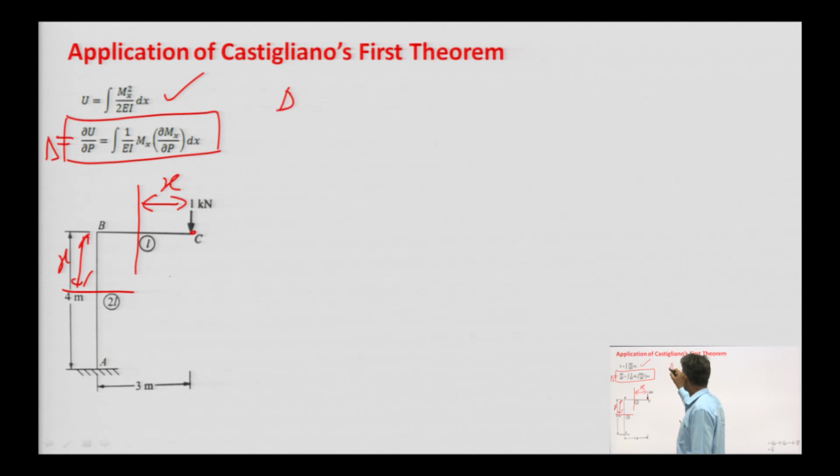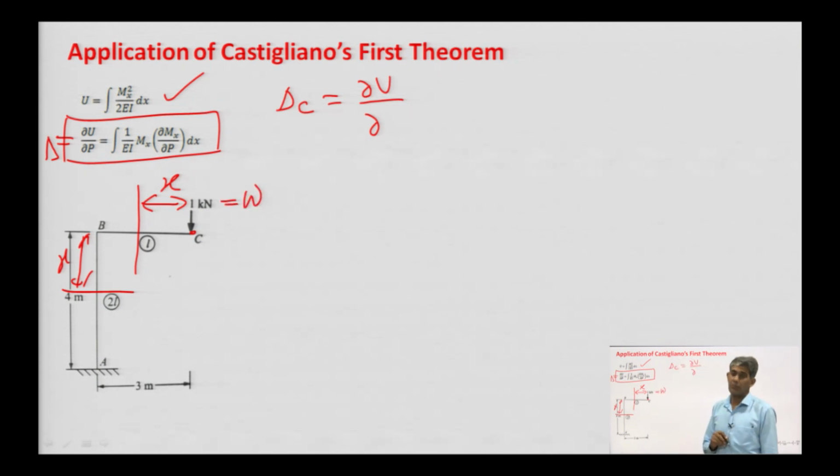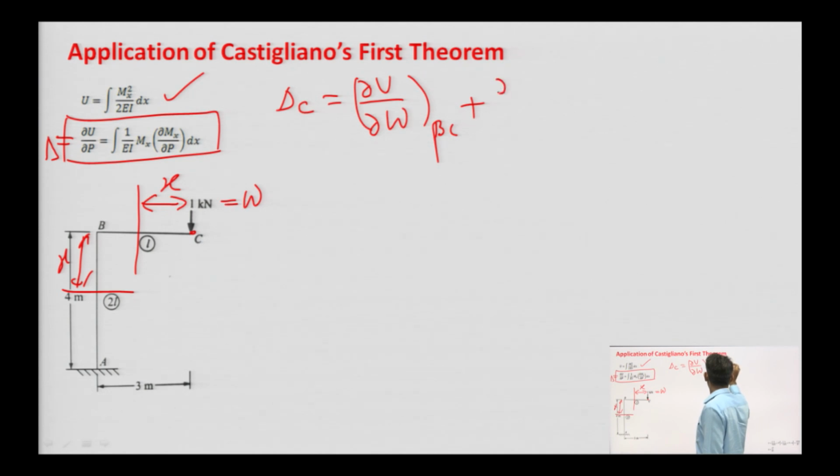Here delta C will be del u by del W for B C plus del u by del W for A B. Replace this load by W or P, whatever you like.